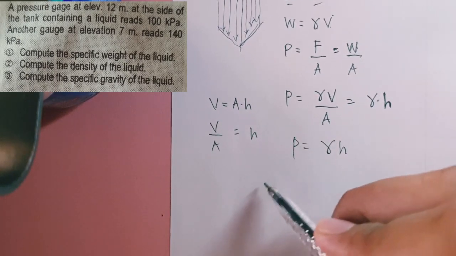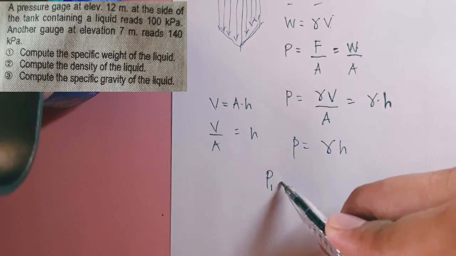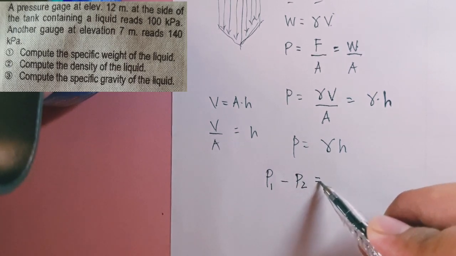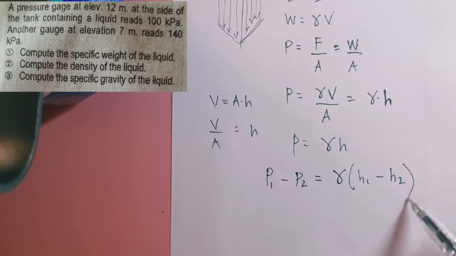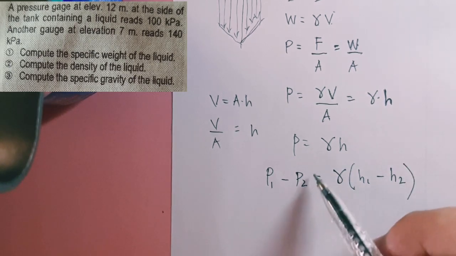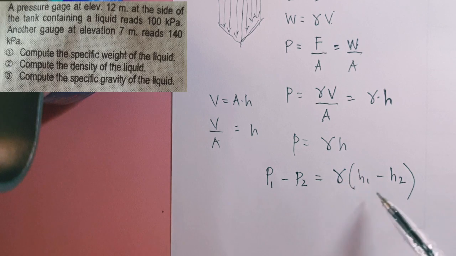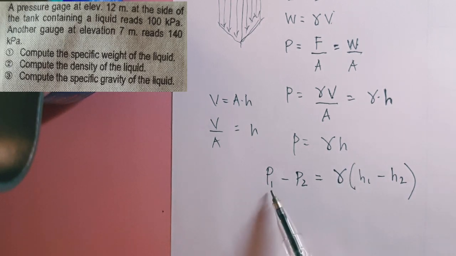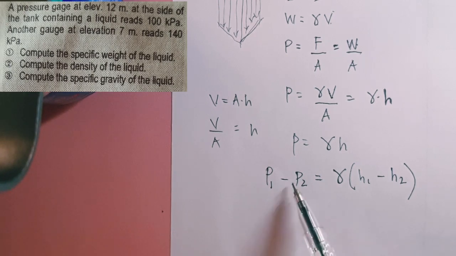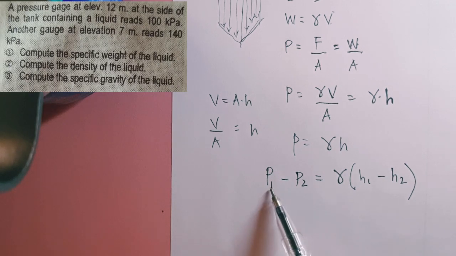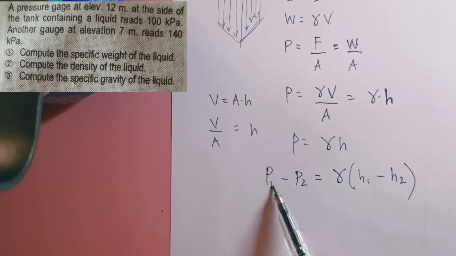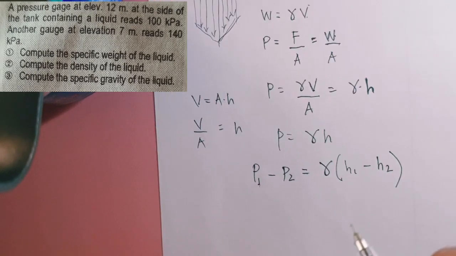So instead of P1 minus P2 equal to gamma times H1 minus H2, this is difference in pressure and the difference in height. Since P1 in a pipe or in a piping system or a tube is lower than the pressure 2, so ma-negative siya.